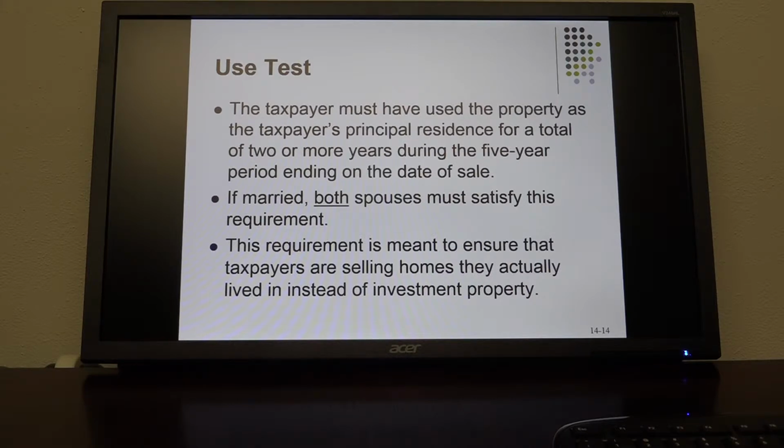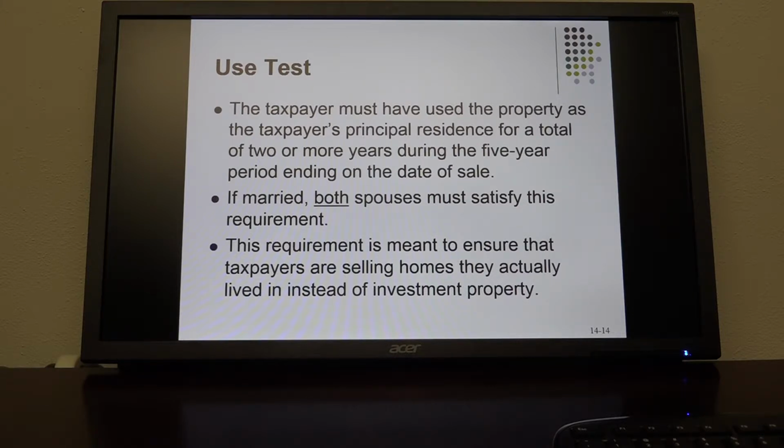But let's say you buy a house January 1, 2010, make it nice and simple.